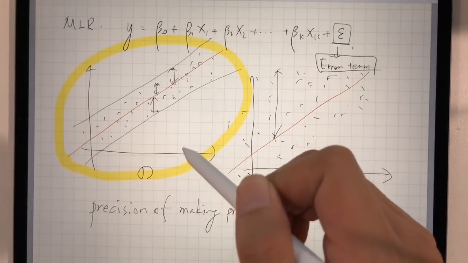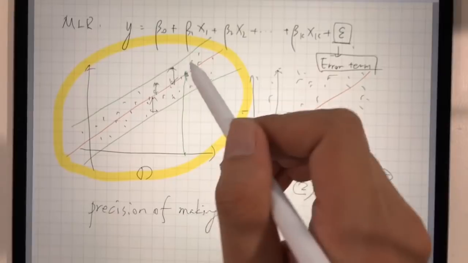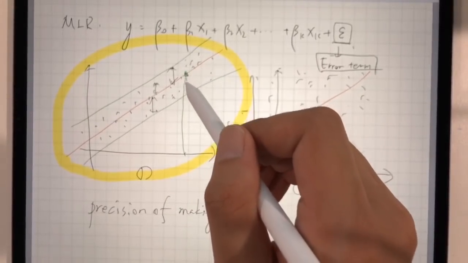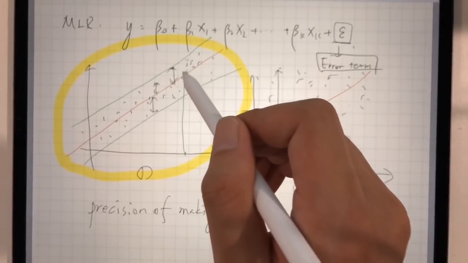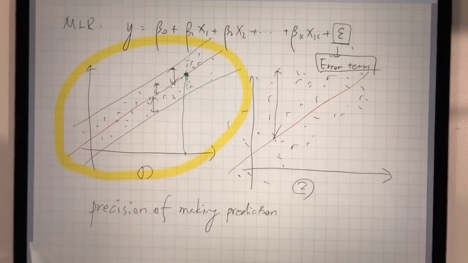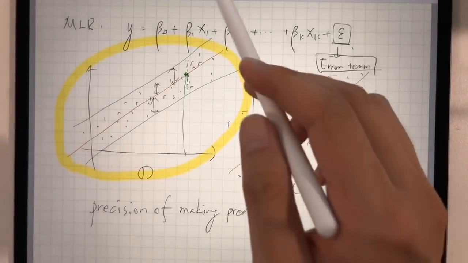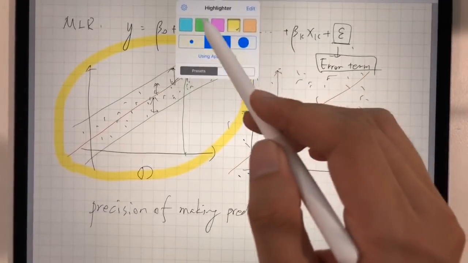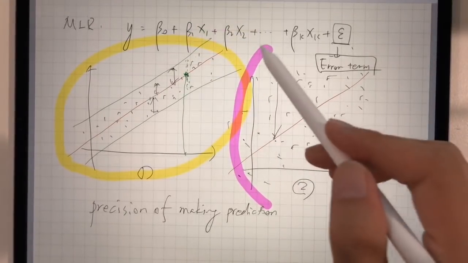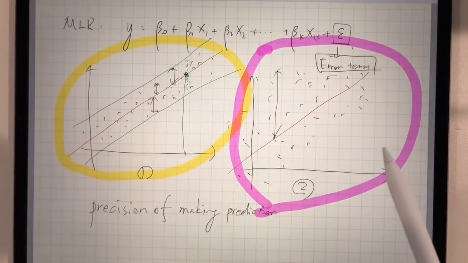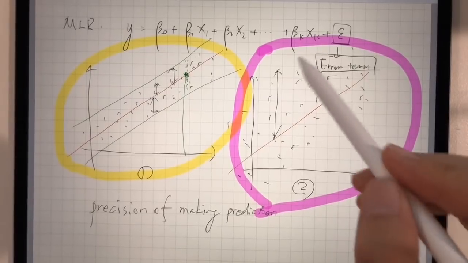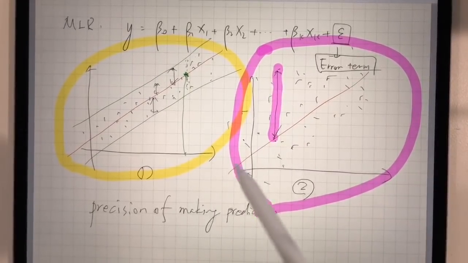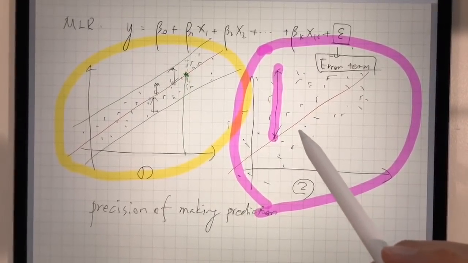So if you predict a value over here, you can see the actual result is probably very close to your predicted result. However, if you make a prediction in this scenario, what do you expect? You expect extremely large errors in your prediction, right?